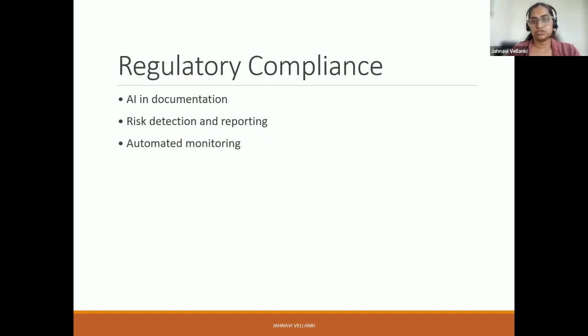As we all must know, the pharmaceutical industry is under strict regulatory mandates, which call for rigorous documentation and reporting. Conventional manual operations are usually cumbersome and error prone.